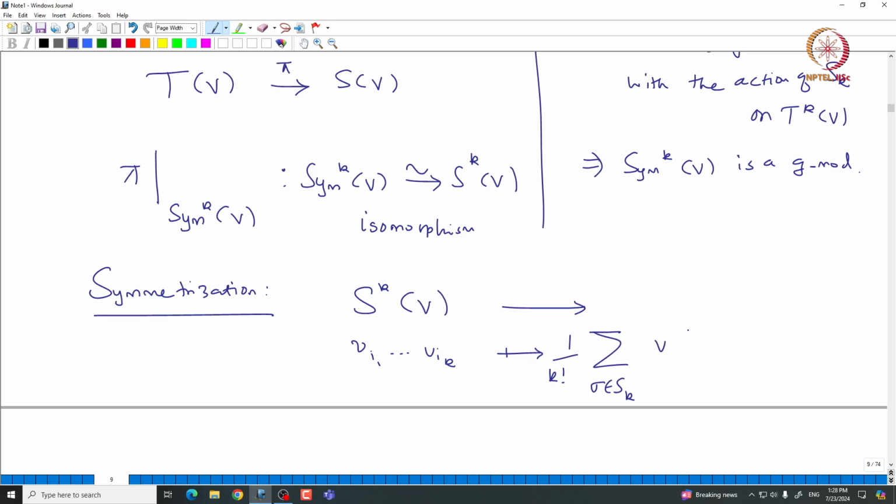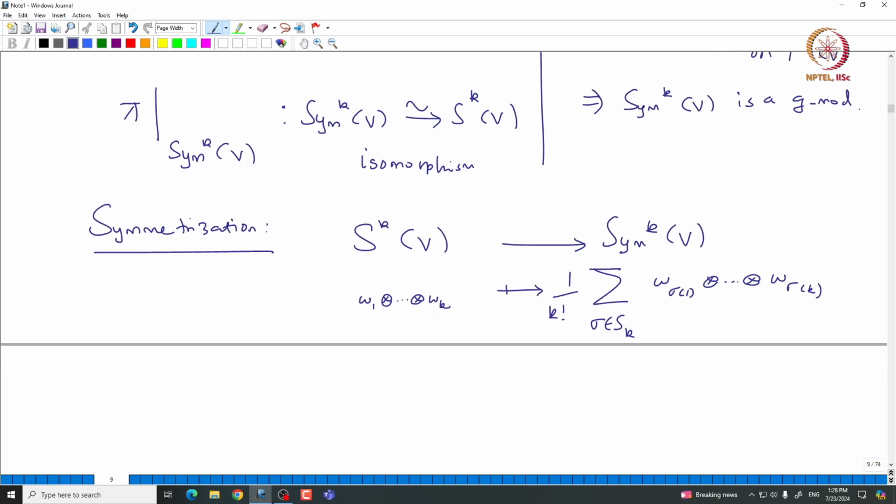So, you can just simply take any k tensors W1 etc. Wk, and apply it on W sigma 1 tensor etc. tensor W sigma k. This is indeed a map from Sk of V to Sym k of V. That is actually easy to see.